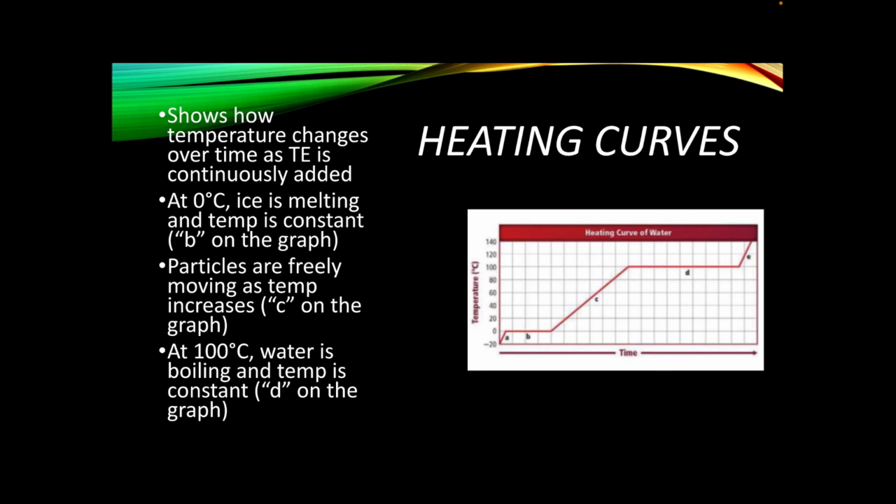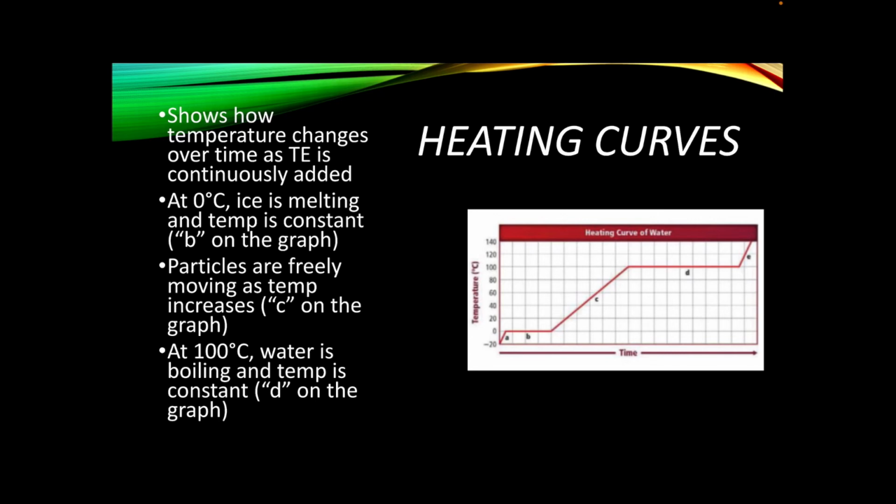There's something called heating curves. Basically, this is a graph of temperature on the y-axis versus time on the x-axis for heating 1 kilogram of water. It's going to show the temperature change over time as you keep adding thermal energy continuously to a substance.